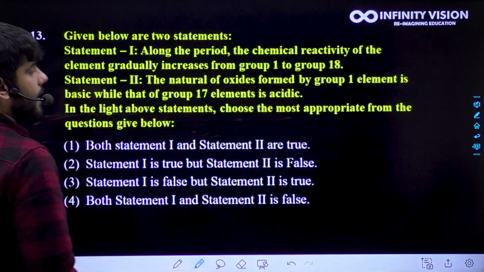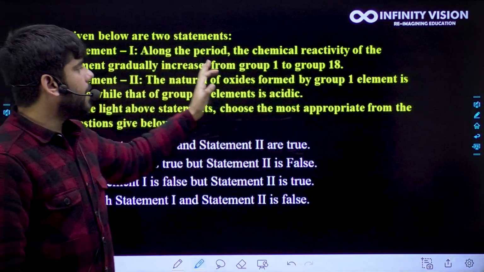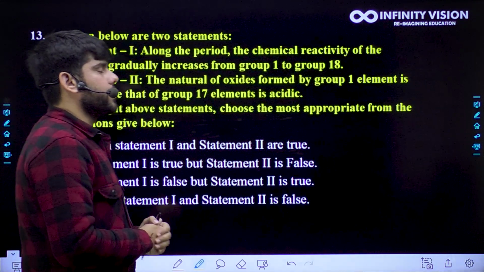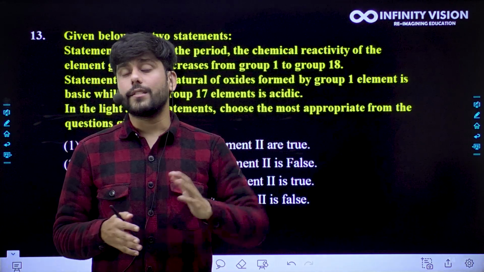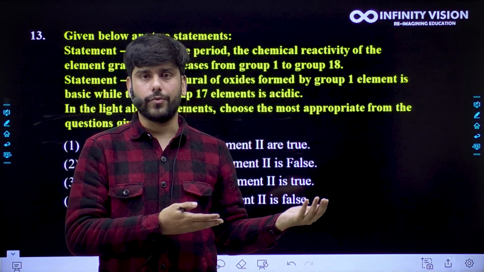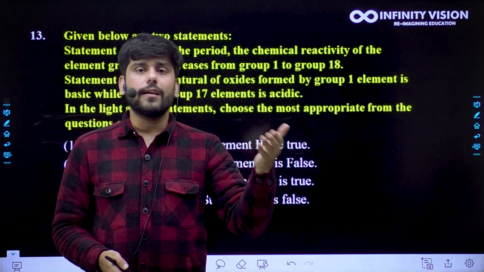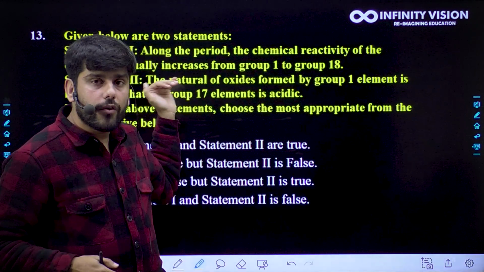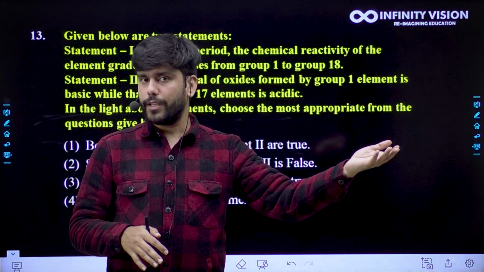The next question is again a statement type question. Statement number 1 is: along the period, the chemical reactivity of the element generally increases from group 1 to group 18. Now this question is not even from class 11th or 12th; we started this in junior classes, like 9th or 10th. We know that along the period, the chemical reactivity does not follow a regular trend. It first decreases in the case of metals and then increases in the case of non-metals.